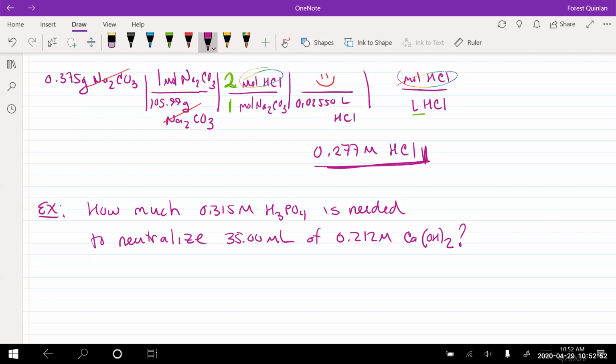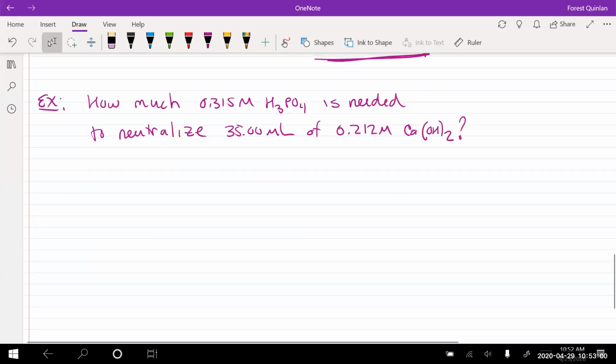Okay. How much is needed? Let's analyze this problem real quick. First things first, we need the equation. So we know we have H3PO4 plus calcium hydroxide.